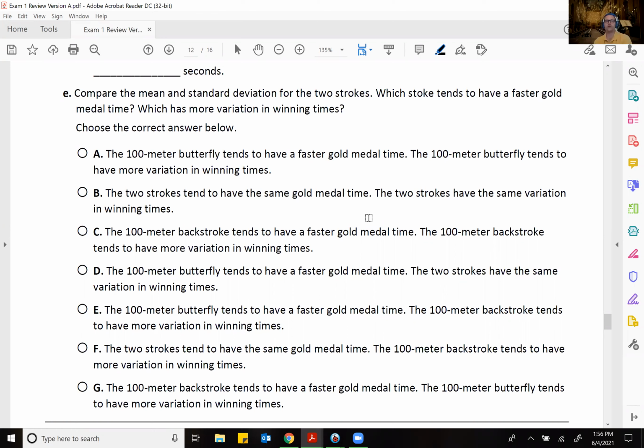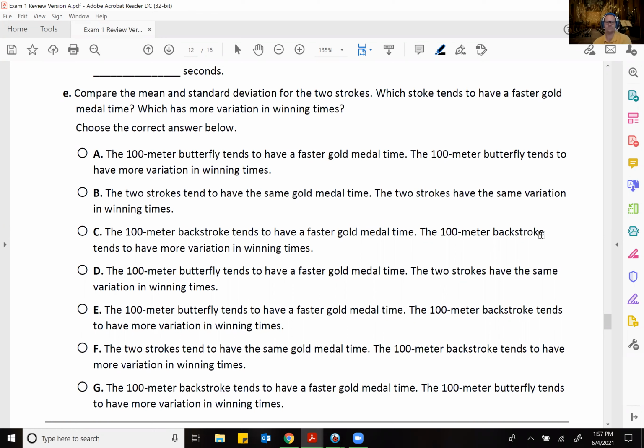The larger the standard deviation, the larger the variation. The smaller the standard deviation, the less variation, the less spread out your data is. So we're looking for something that says the butterfly is the fastest, but the backstroke has the more variation.